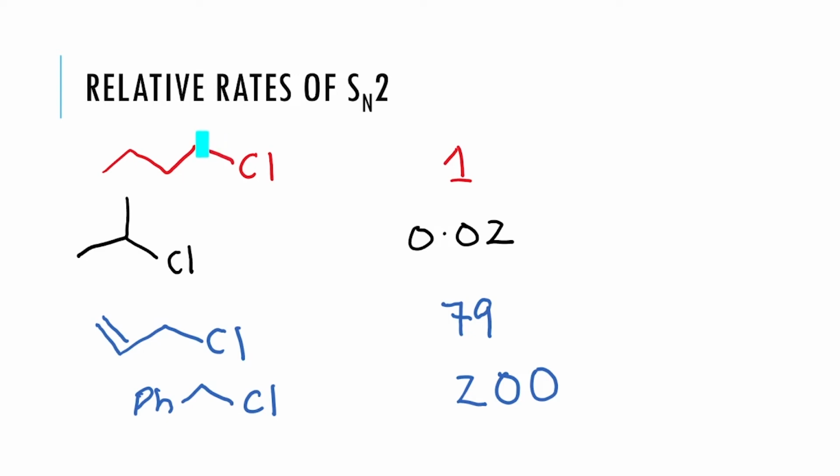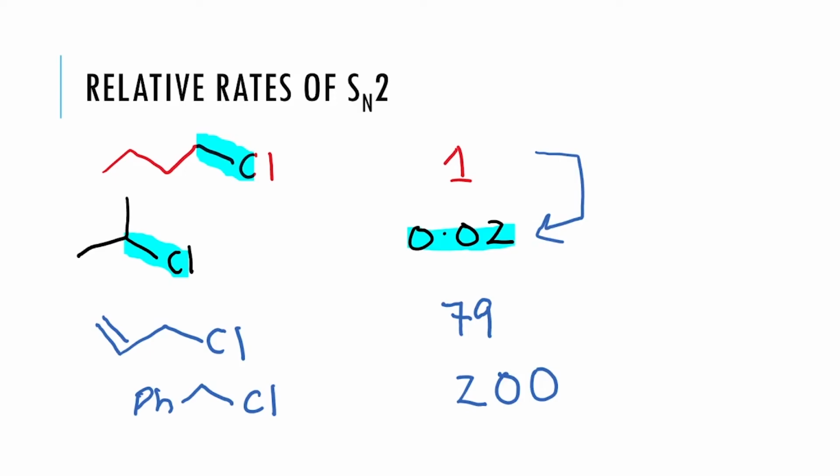So here is the carbon-chlorine bond, and when we add a methyl group adjacent to it, so I start with isopropyl chloride, the relative rate of reaction goes down to 0.02.